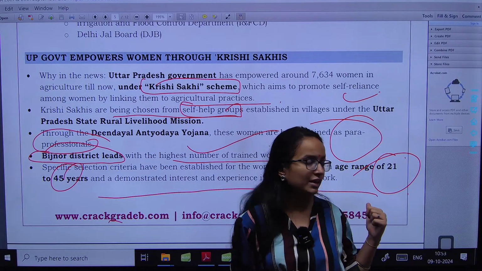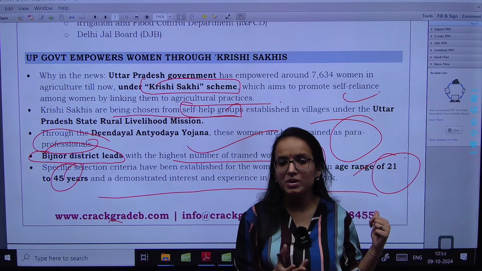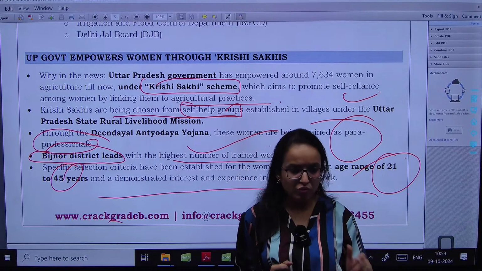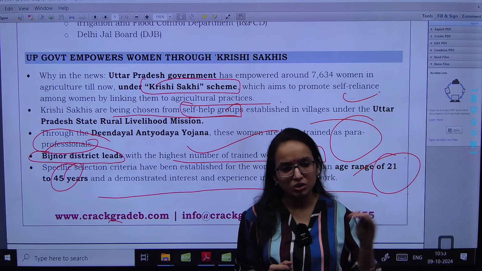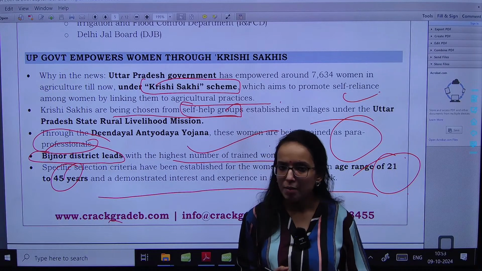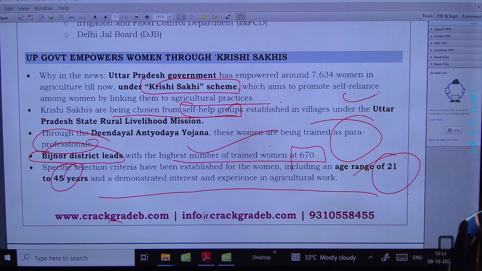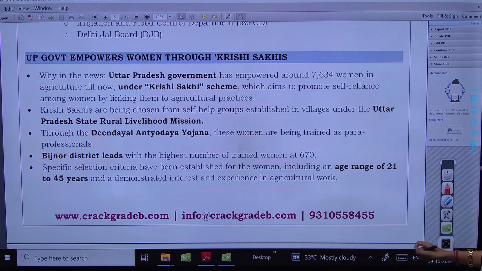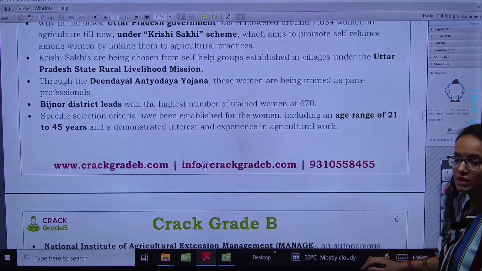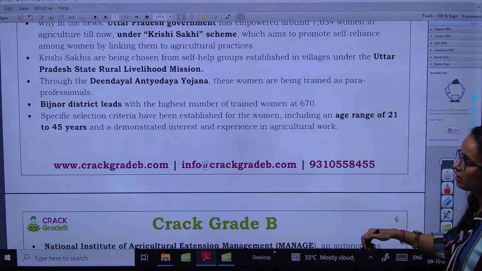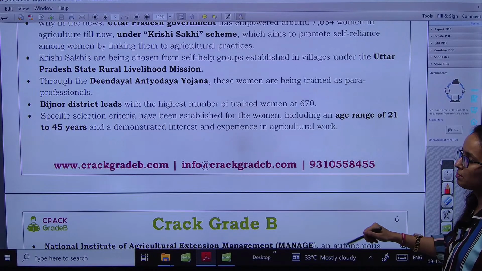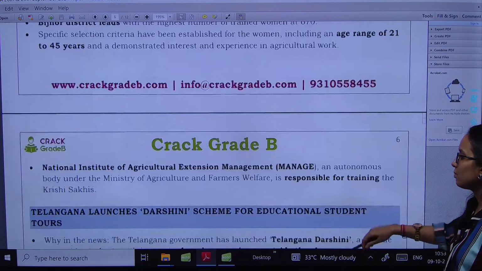So this is to cater to the growing numbers of women in the working age group, provide them with apt employment opportunities so that you can make them financially empowered. And then they will also be contributing to the overall economic development. So remember Krishi Sakhi scheme from UP, and remember Bijnor district leads in the number of trained women.